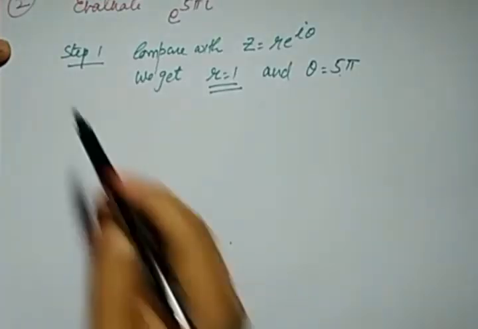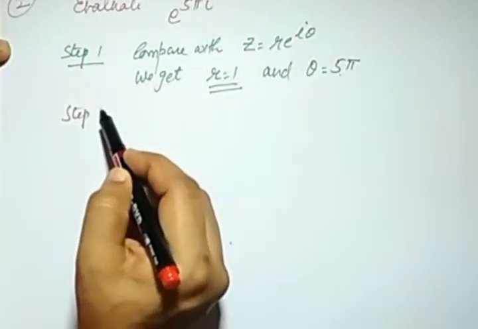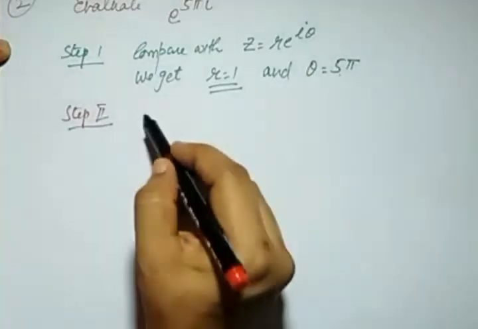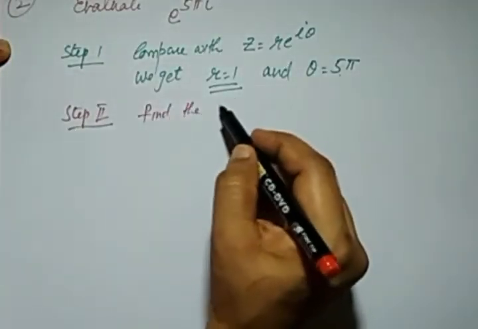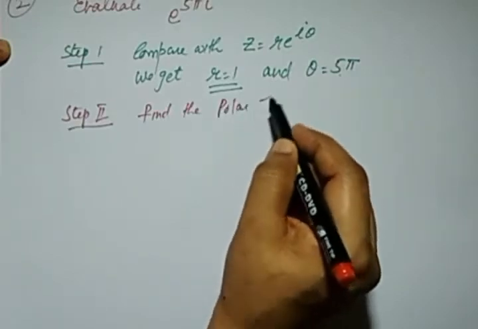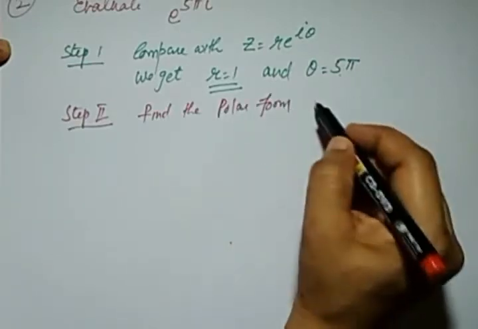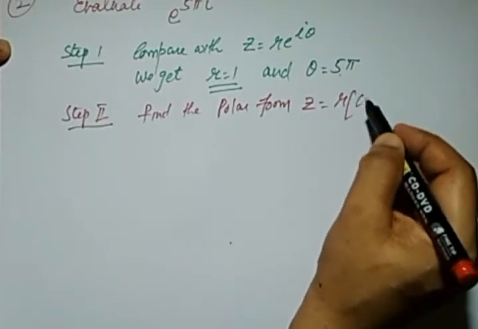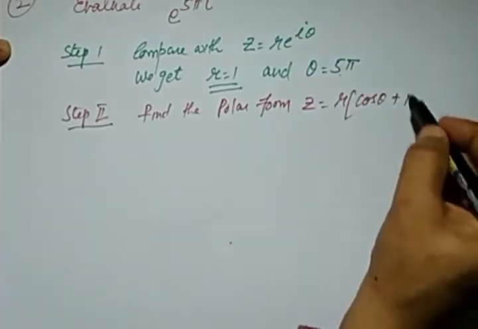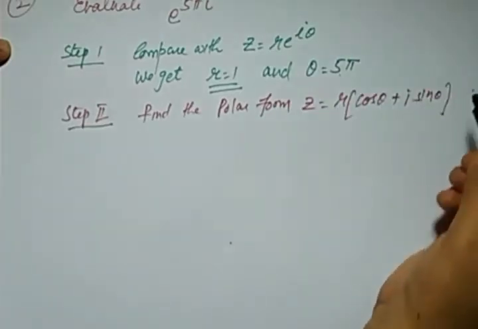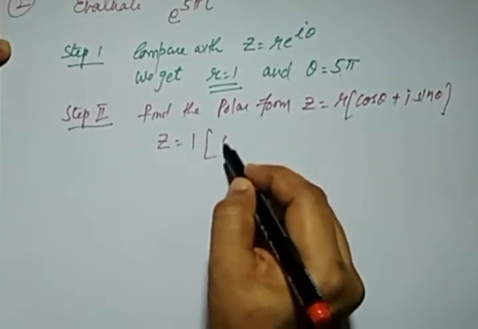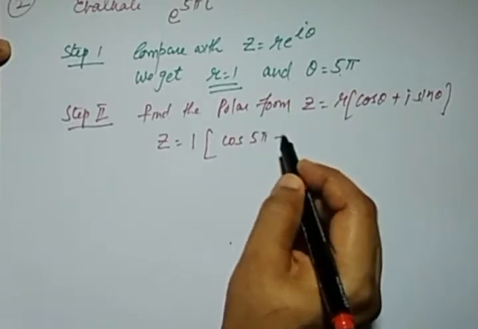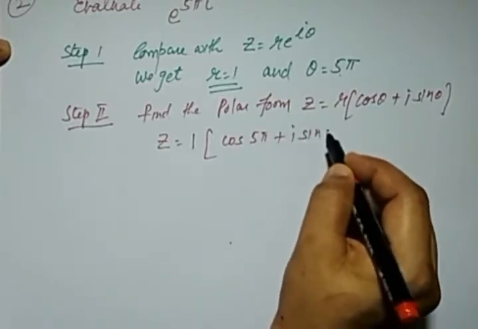So what was the second step? Because we know the value of sine and cos, step 2 is find the polar form. z equals r cos theta plus I sin theta. Substitute values. z equals 1 times cos 5 pi plus I sin 5 pi.